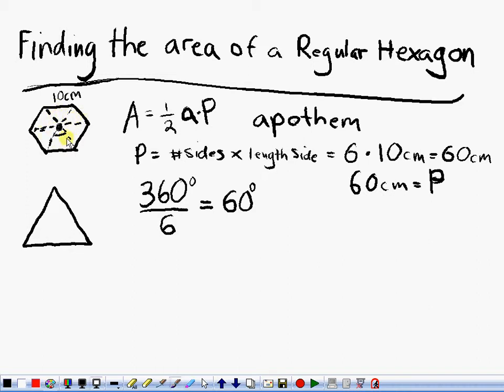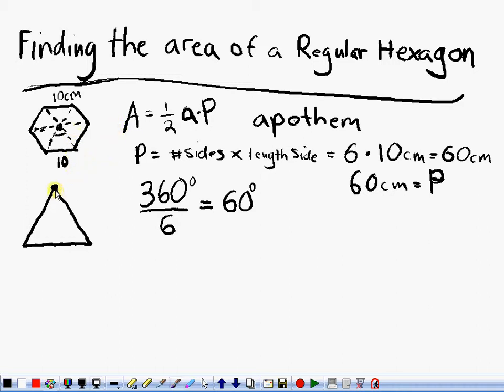Well, yeah, you can use any of them, but we're using the bottom one for now. What you're going to notice here is that this whole angle is 60, right? And this side down here is 10, right? Because all of the sides are the same.